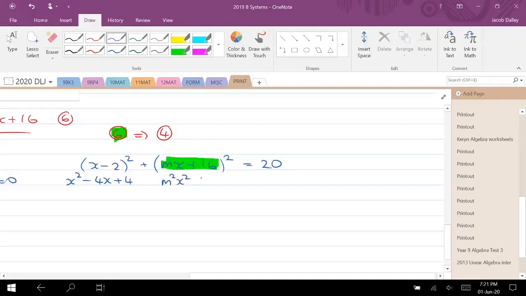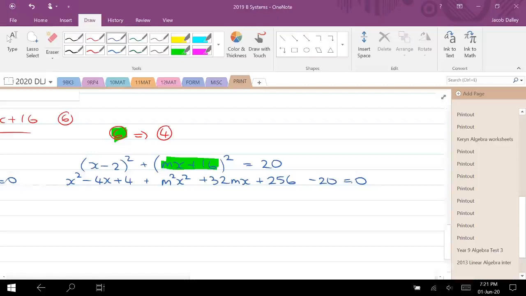Our middle term is going to be 2 times 16 times mx, so 32mx. Our final term is going to be 16 squared, so 256. And at the same time, we're going to move that 20 to the other side, so we're going to get a negative 20 equals 0.